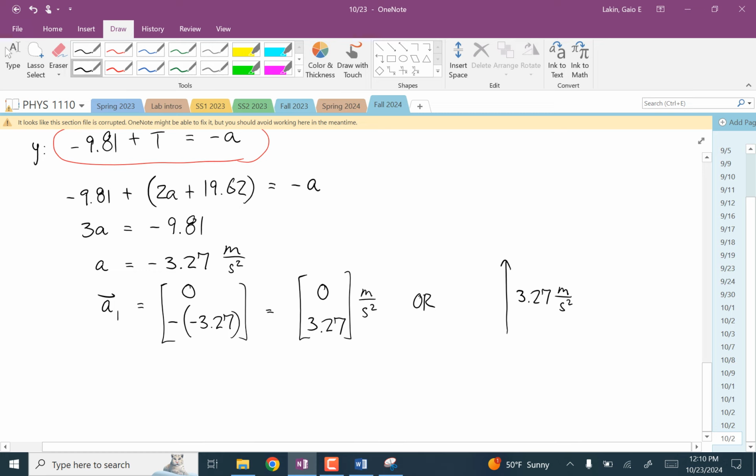So I'll go negative 9.81 plus T, which now we know is negative 3.27. No, T is what we're trying to find. Sorry. Negative 9.81 plus T is equal to negative of what we calculated for a.